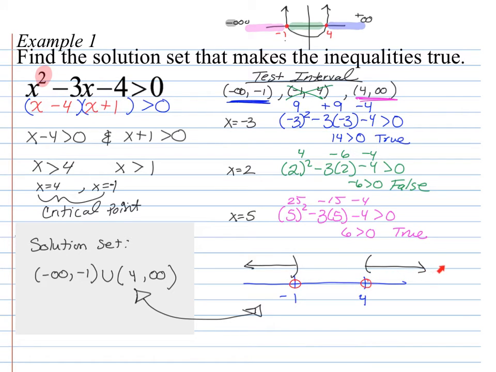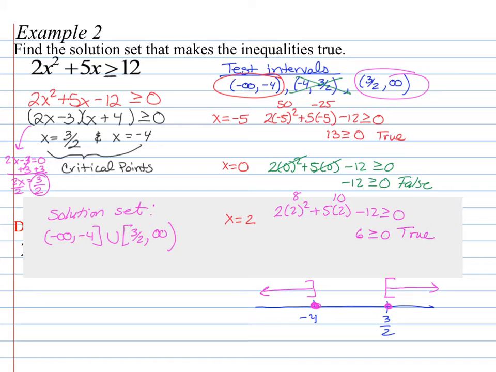Anything greater than 4 is part of my solution. If I want to write it as a solution set, it would be -infinity to -1 with a parenthesis, the union, and then parenthesis 4 to infinity. The union basically represents this part right here, that there's no solutions for this specific problem.